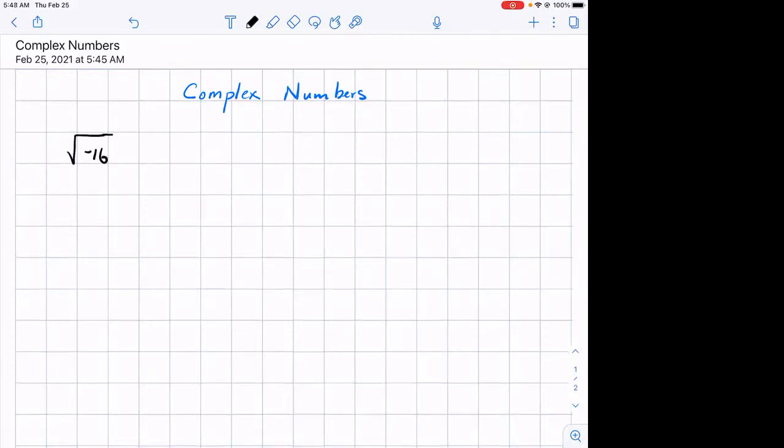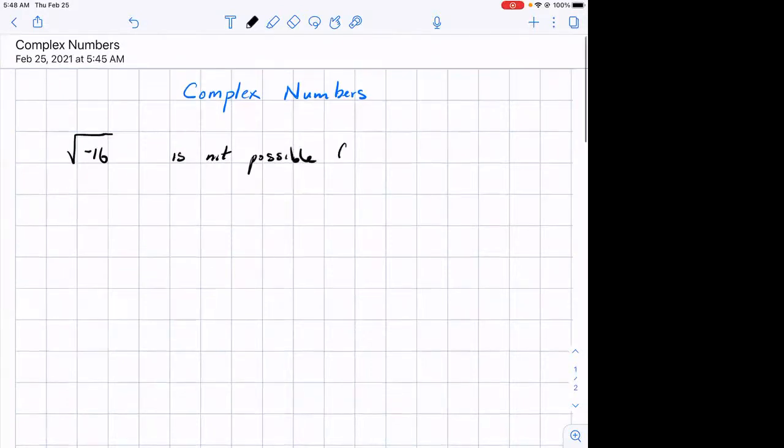So this, from what we learned so far, is not possible, right? And we should really say there are no real numbers. There are no real numbers that, when multiplied by itself, give negative 16.